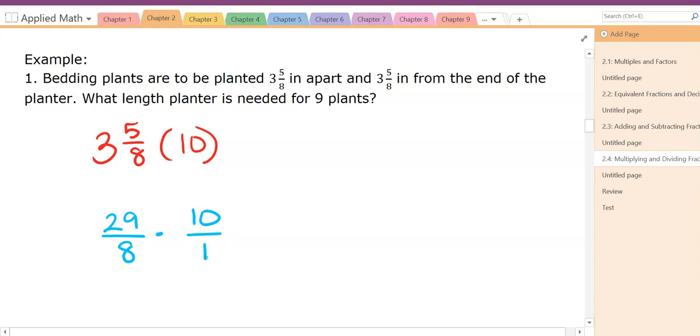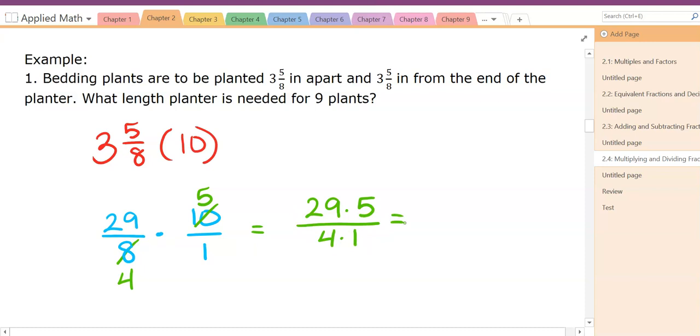Can we reduce anything? How would they reduce? What are you taking out of both of those numbers? So it becomes 4 and 5 if you take a 2 out. All right, so then we have 29 times 5 on top, 4 times 1 on the bottom.